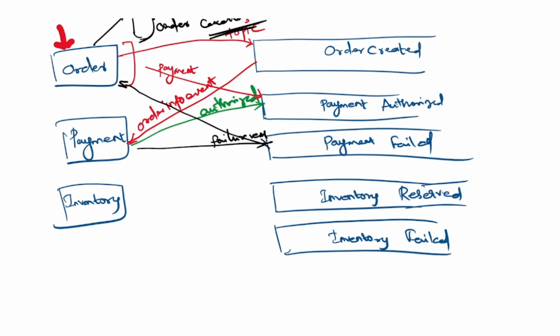So far we understood how the order flows between the order and payment services. Now let's talk about the inventory. On payment authorized success, the inventory consumer receives the order information and the successful payment information. So the inventory service will try to reserve the inventory.